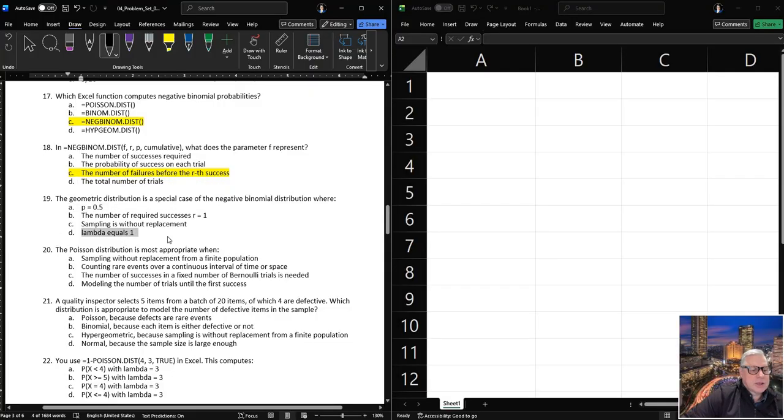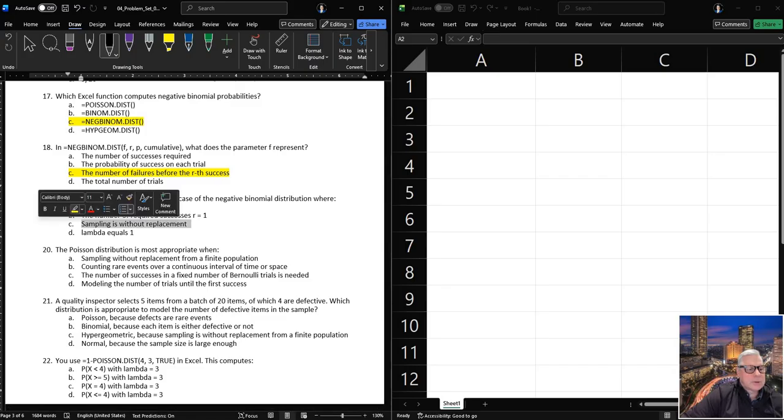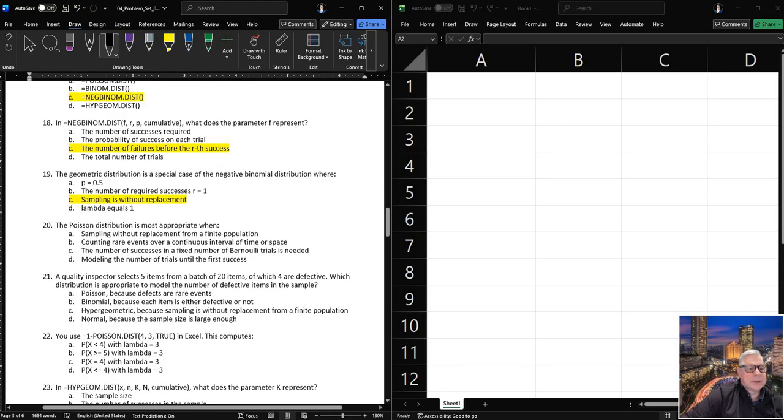Then lambda equals 1, that refers to the Poisson distribution, but the negative binomial distribution is related to the geometric distribution, that it is sampling without replacement. The number of required successes is not 1. Okay.